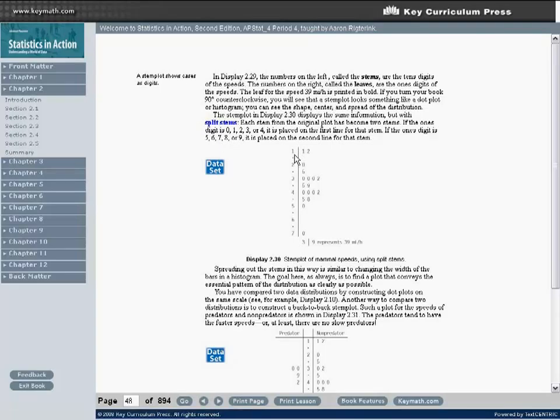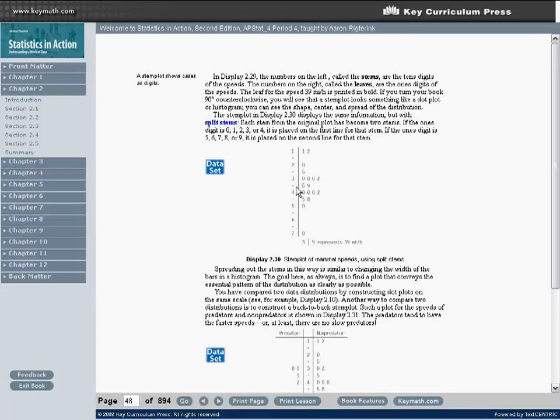So, for instance, here we have 1 dot, 2 dot. So this is 11, 12. Notice this one is empty. That is because there are no numbers in this data set that are 15, 16, 17, 18, or 19. So that's why this line is empty. This represents 20. Now this 5 right here represents 25. And that's the one that always throws students off. So this is 30, 30, 30, 32.